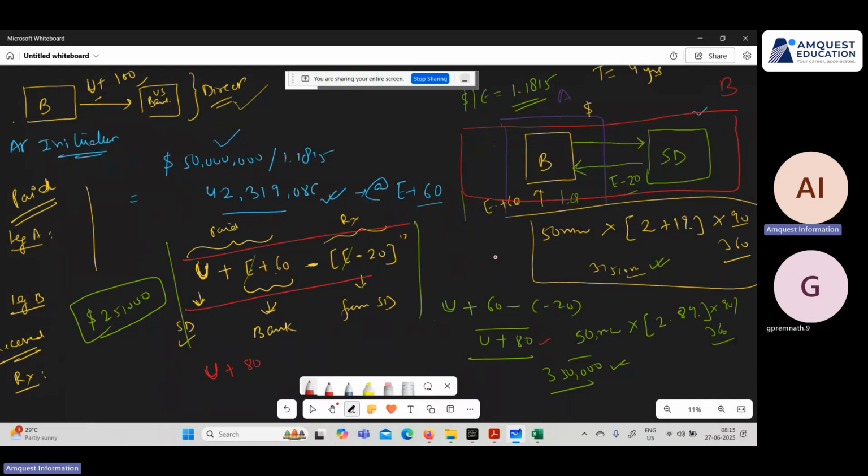right? And I could have paid you plus 1%. So basically this is you plus 80 bips directly to indirectly. So the difference is how much, 20 bips, right? On how much? $50 million.